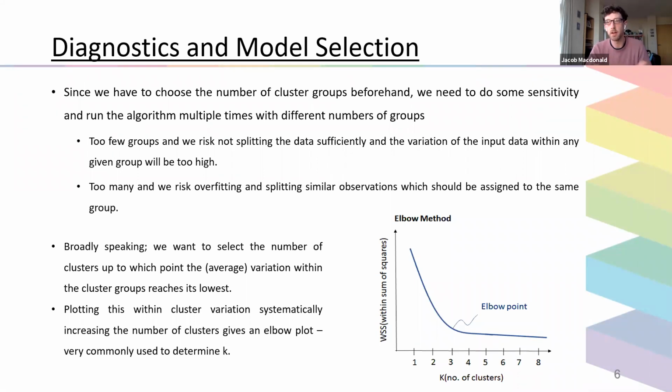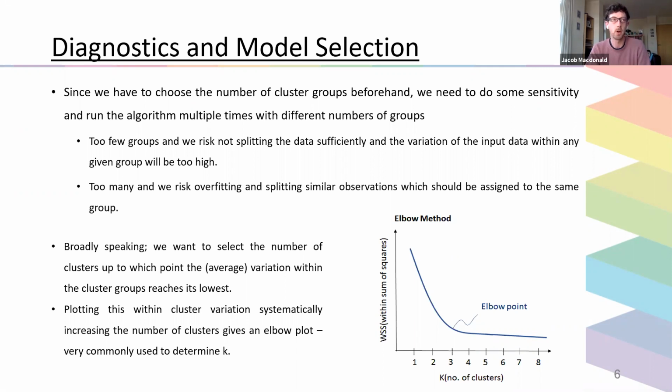So we'll take all of our input variables and we'll look at what happens when we break it into just 1 and 2. And then we'll break it into 1, 2, 3, then 1, 2, 3, 4, and these are different models with different clusters, and clusters here are the K. And then what we want to do is to evaluate each of these models based on some underlying diagnostics.